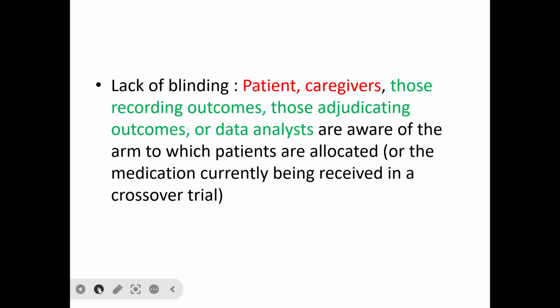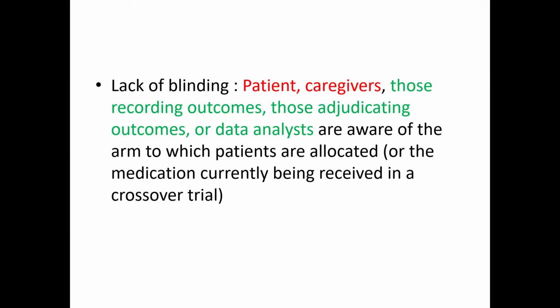So, lack of blinding: patients and caregivers have to be blinded, what we call double blind. The patients and caregivers should not know. But in addition, those recording the outcomes, those adjudicating the outcomes, or data analysis are aware of the arm in which patients are allocated and the medication currently being received in a crossover trial.